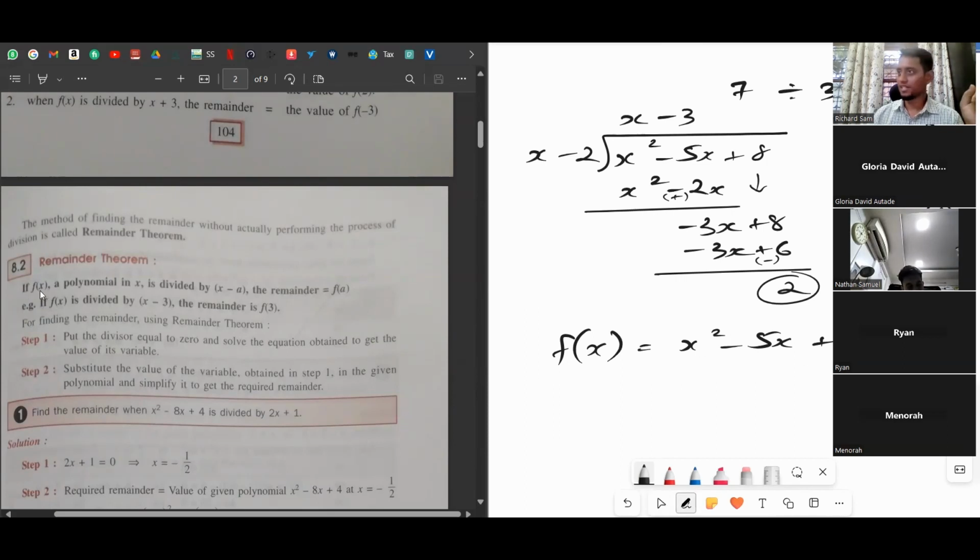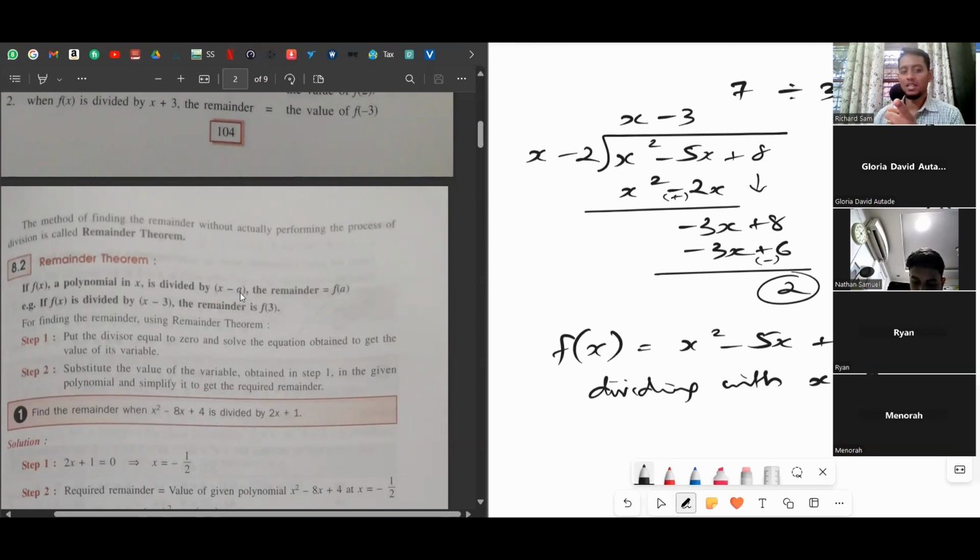If f of x, a polynomial in x, that's this one, is divided by x minus a. What are we dividing this with? In this question, dividing with x minus 2. Right, we are dividing it with x minus 2. Here we are calling it x minus a, which means what is a? 2. a would be 2, right?